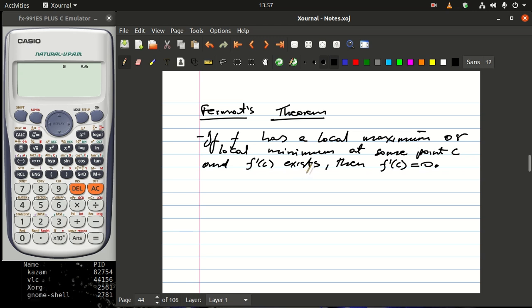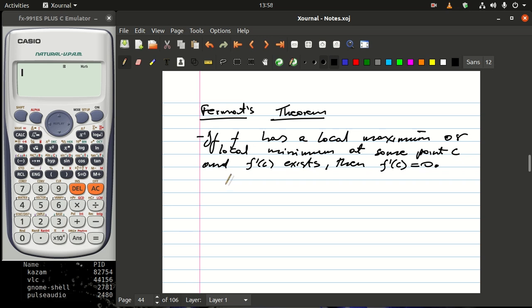So if I give you a function and you find its derivative, and you find out that there is some point whereby the derivative is equal to 0, then either the function is having a turning point at that point, or it does not have one, even though we know that the derivative is equal to 0. The second thing is saying this: if you are finding the first derivative and you set it equal to 0, you get some values there.